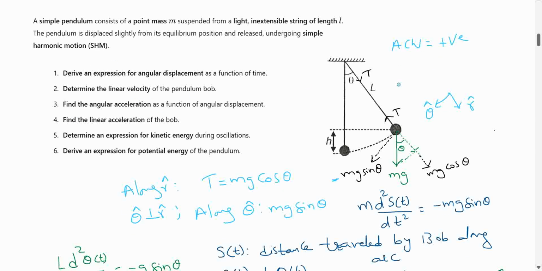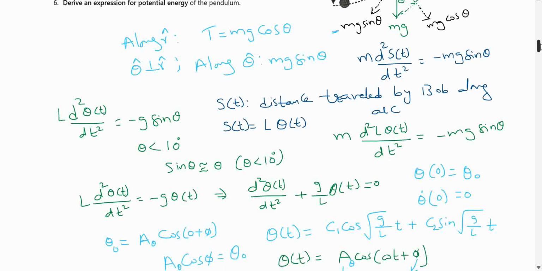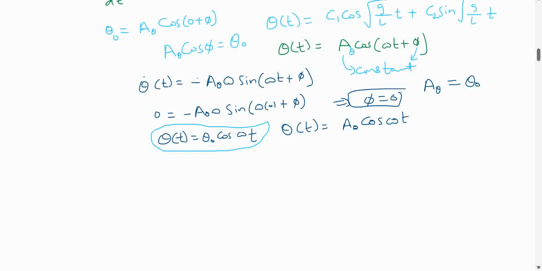The second question is to determine linear velocity. So we got angular displacement. Then we have to calculate the angular velocity. Angular velocity is equal to theta dot, which is minus omega theta naught sin omega t.